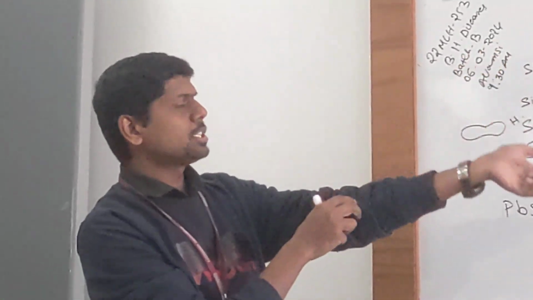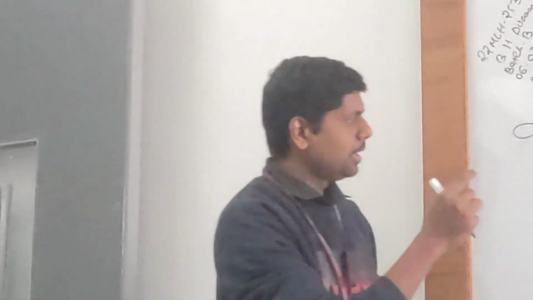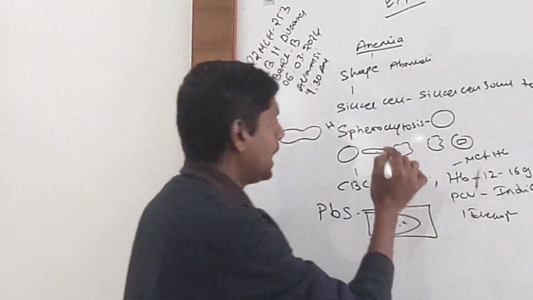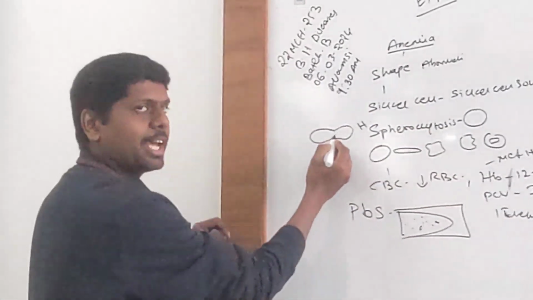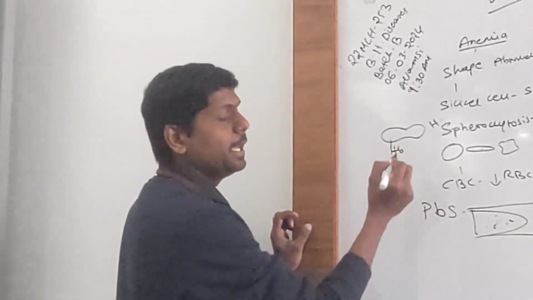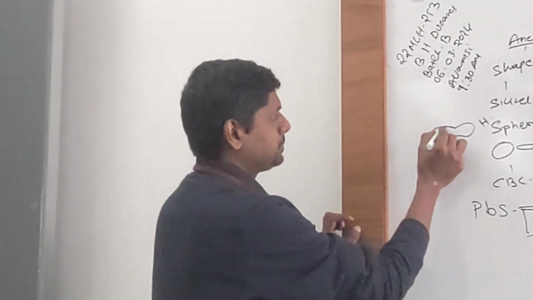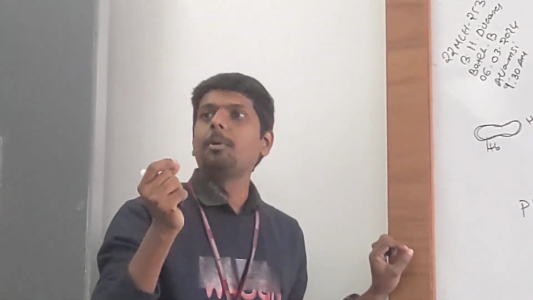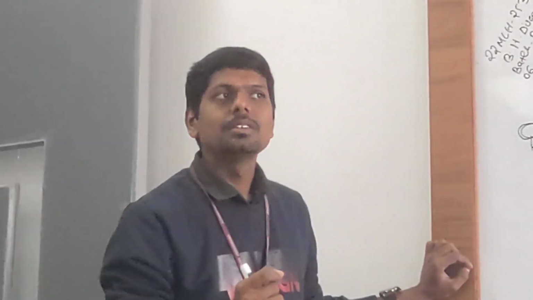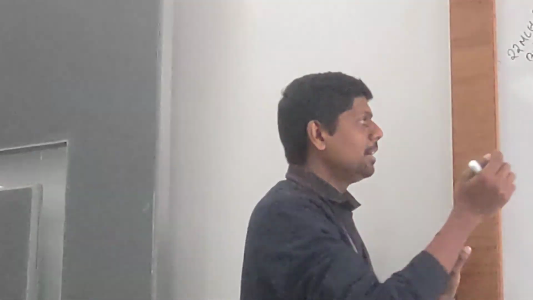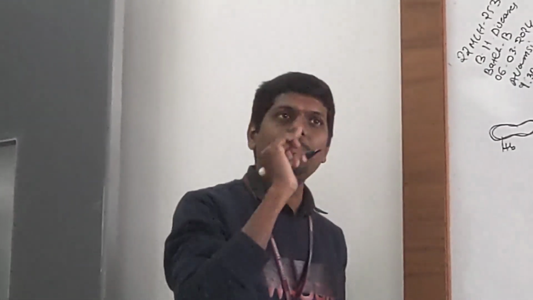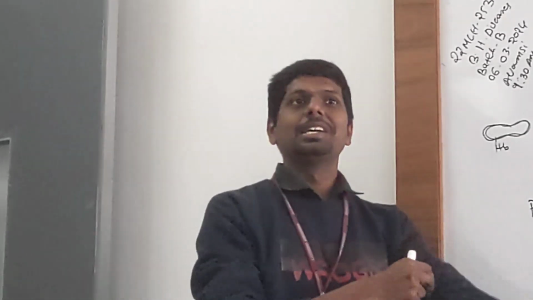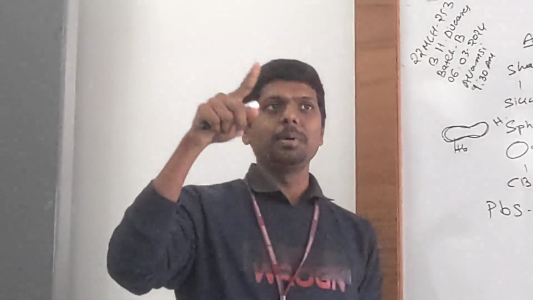Before understanding osmotic fragility, you need to know some basics about RBC. RBC shape is given by hemoglobin, I agree, and also the membrane. The membrane is made up of what? Do you remember G6PD deficiency? There we discussed spectrin, alpha spectrin, beta spectrin.